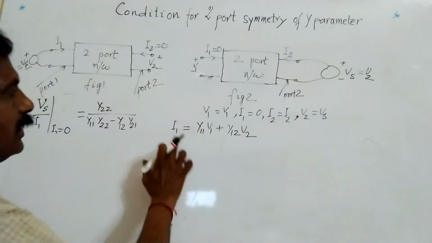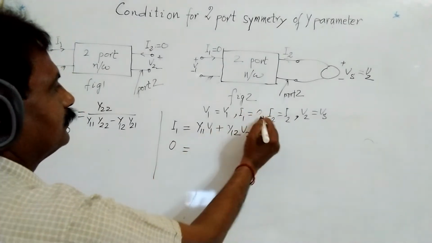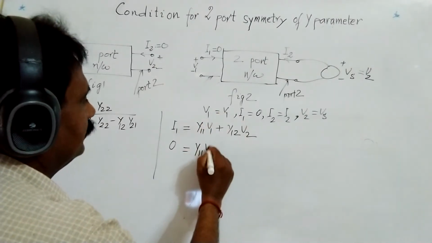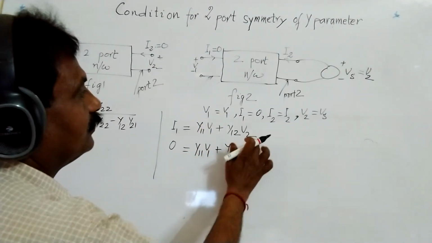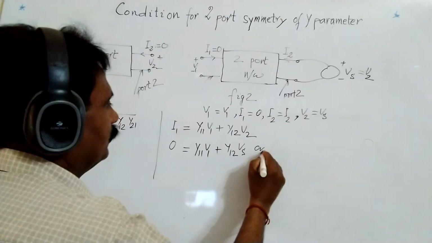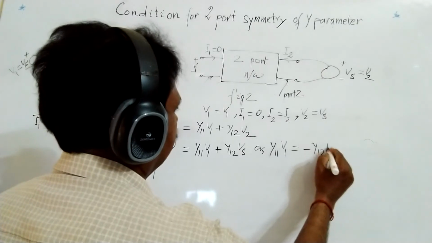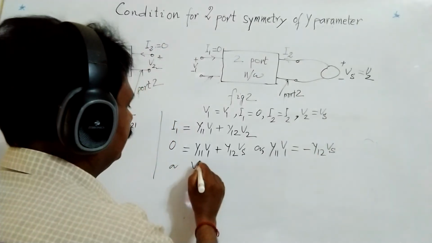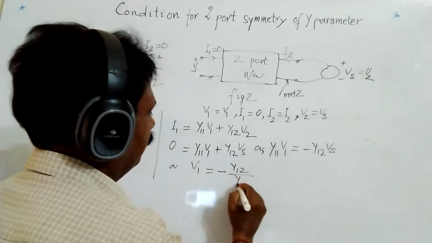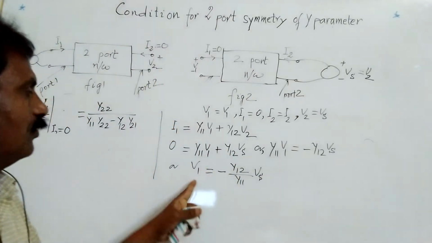Now here putting I1 equal to 0: y11 into V1 plus y12 into V2, and V2 is Vs. Then we get y11 into V1 equal to minus y12 Vs. Then V1 equal to minus y12 divided by y11 into Vs. Okay, this is the value of V1.